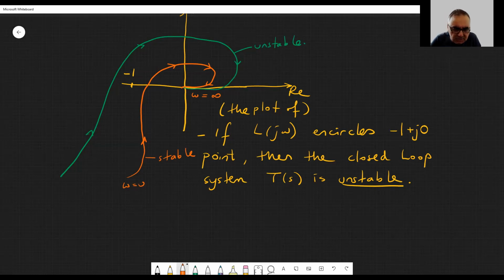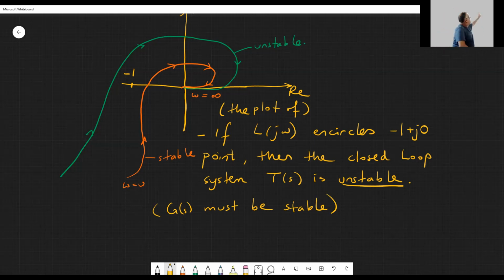And there is one condition here: G of S must be stable to begin with. This is a condition for this theorem to be correct in this form. That is, the original plant of the system is going to be stable.